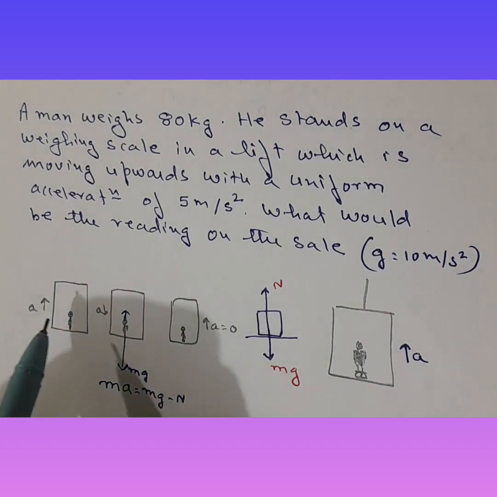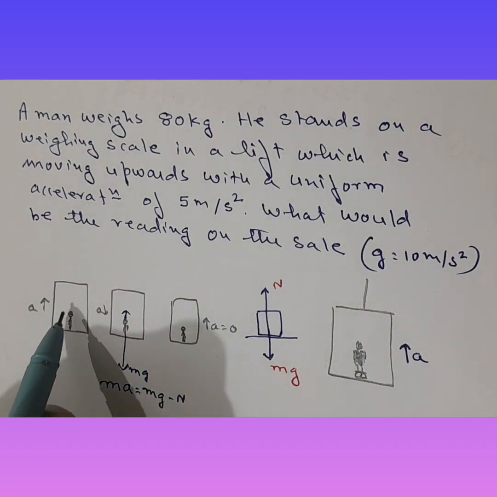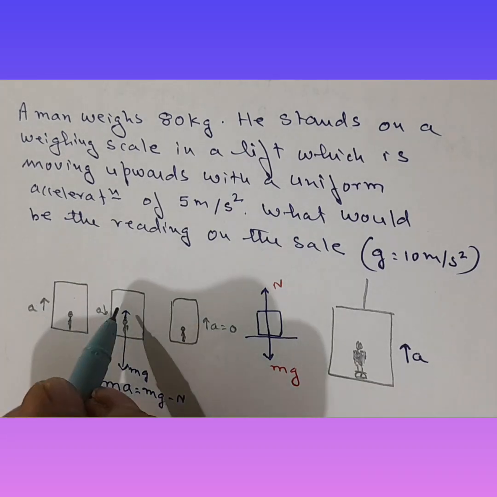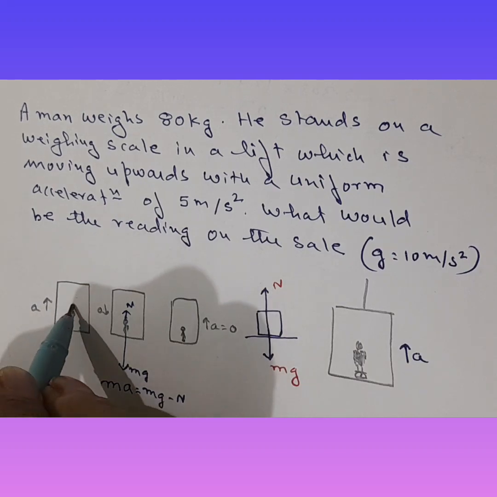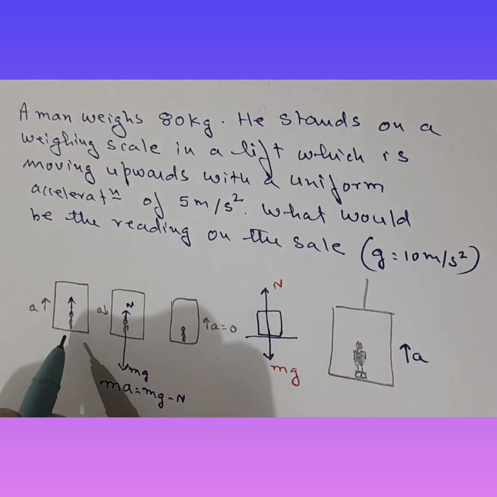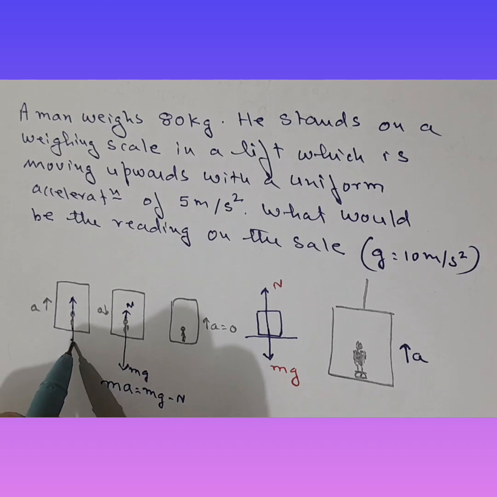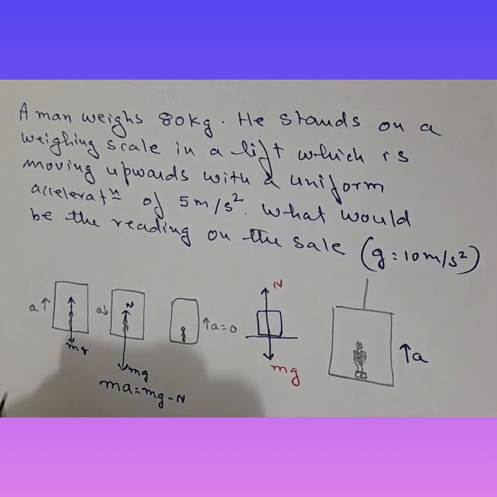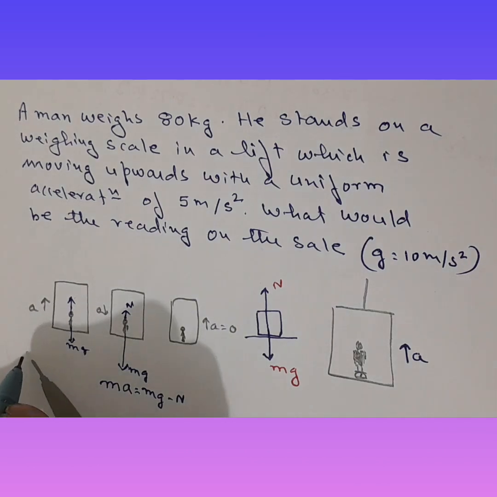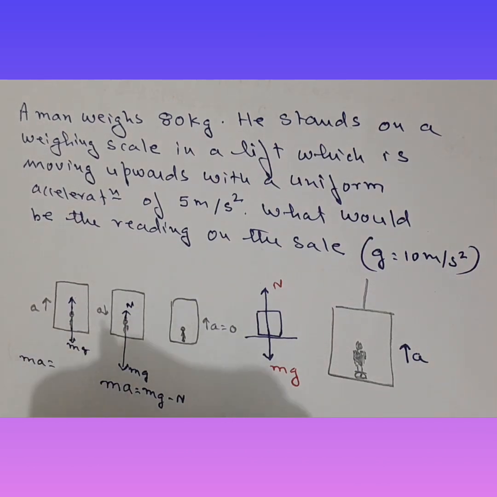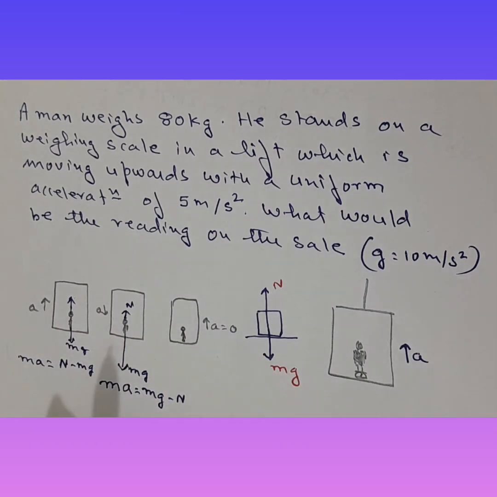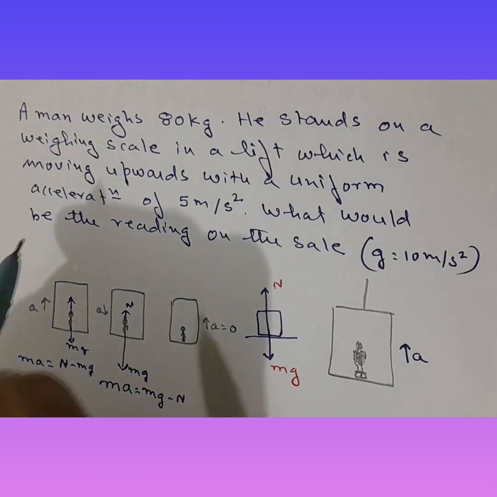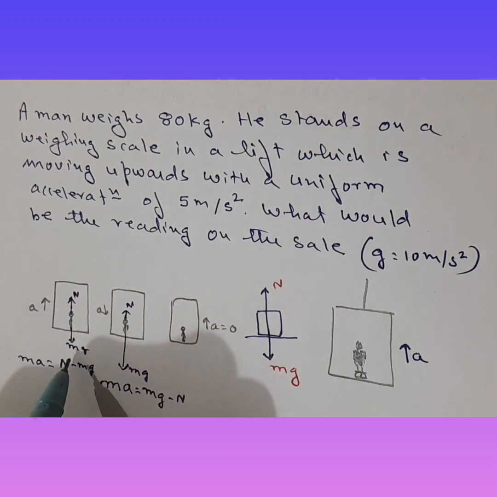Now, when the lift is moving up, you feel heavy, right? That itself means normal is greater than mg. Since the lift is moving up with an acceleration, the force ma would be equal to n minus mg, because you feel heavy, so normal is greater than mg.